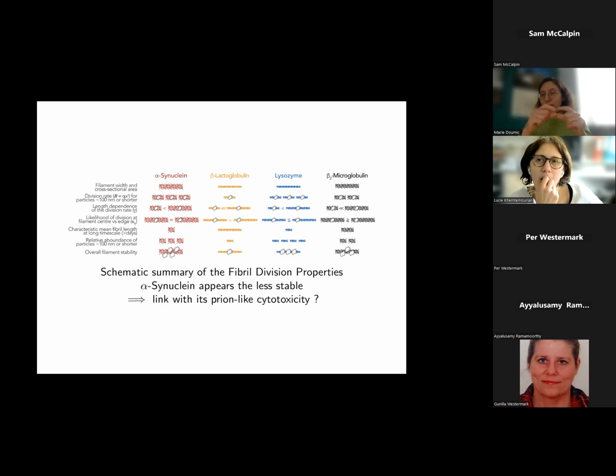And it's possible that they are, for instance, weaker at the edge, or on the contrary, weaker at the middle, or something like that. There are some laws which give you some power law, for instance, for the kernel. And what we proved, but for the kernel results we are less confident than for the fragmentation rate, is that, for instance, for alpha-synuclein, they break more in the middle, whereas for beta-2 microglobulin, it's more uniform.